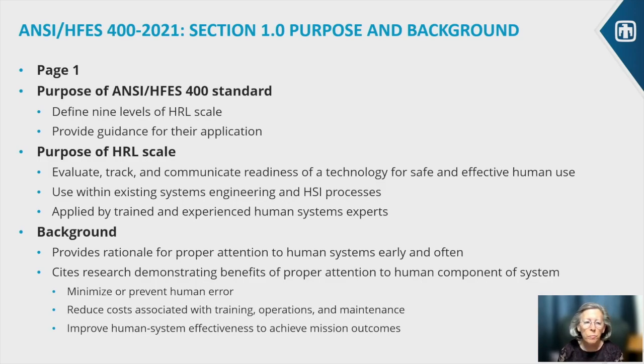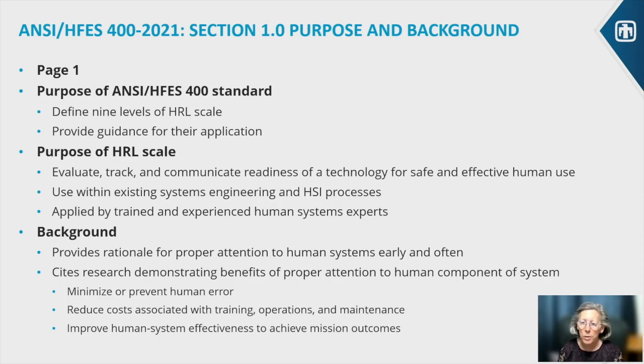The background section talks about why we even need to worry about human systems integration, and emphasizes: do it early and often if you want to get the maximal benefits. And then we do cite some research that shows the benefits of properly attending to the human component of the system: minimizing or preventing human error, reducing costs associated with training, operations, and maintenance, and improving human systems effectiveness to achieve mission outcomes.